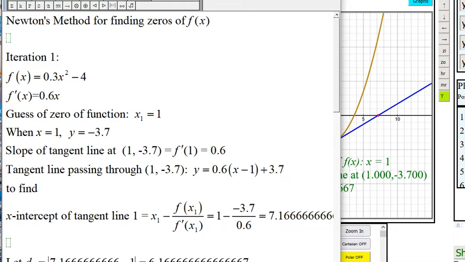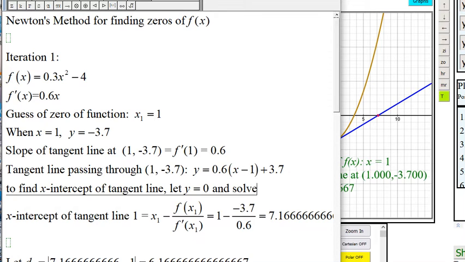To find the x-intercept of the tangent line, let y be 0 and solve for x. And so we let y here be 0 and then solve for x, then we get 1 minus negative 3.7 divided by 0.6.